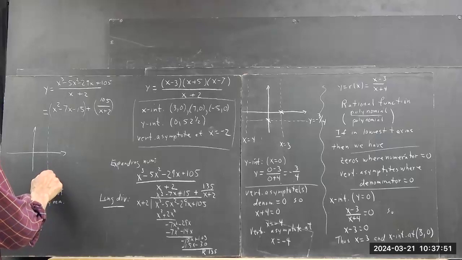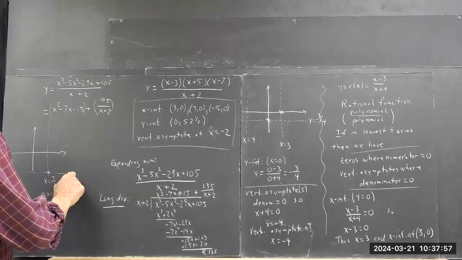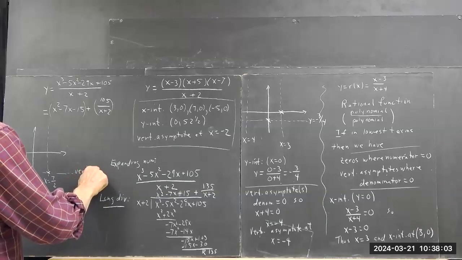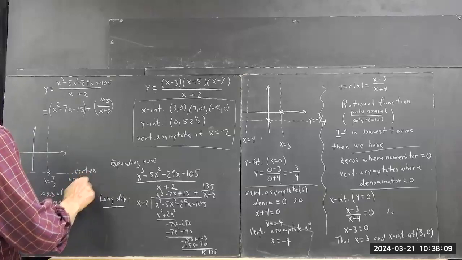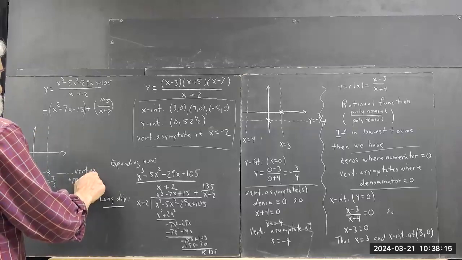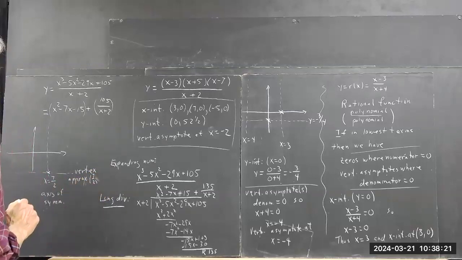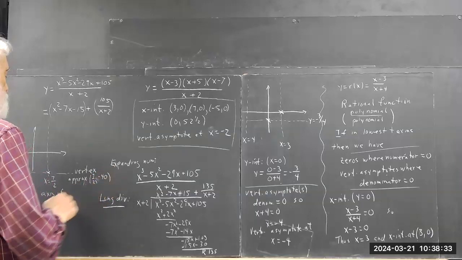So without figuring out the exact coordinates of the vertex, because we don't really need it, the vertex is at approximately 7/2, and I'm thinking it's negative 30 something, but I'll say about negative 40.